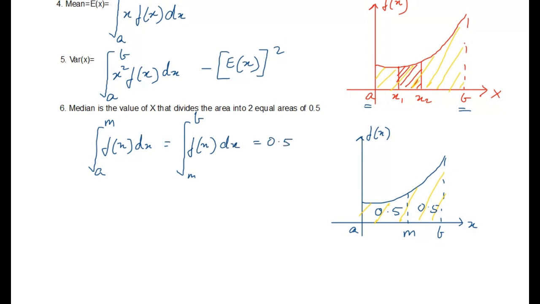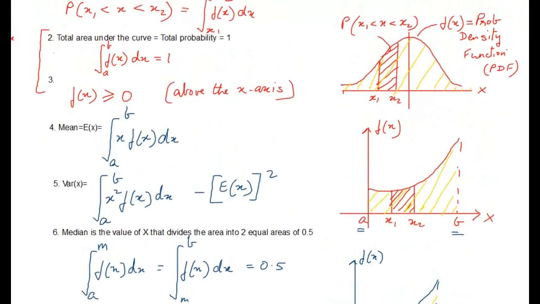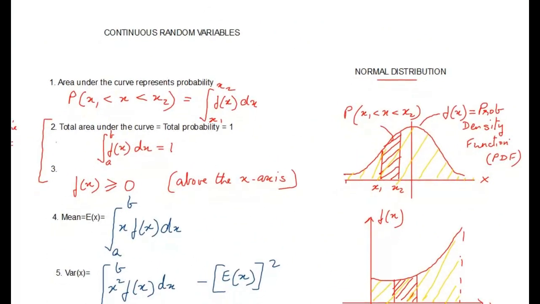It divides the area into two equal halves or two equal probabilities. So these are the properties and features of probability density functions, which are the distributions of continuous random variables.